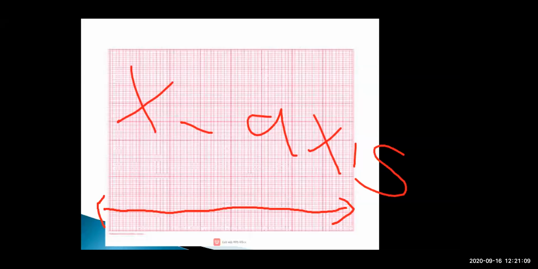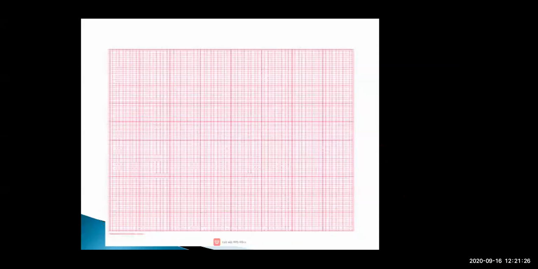So in your graph book, you have to draw the x-axis and y-axis. So how are you going to draw the x-axis? This line you are not going to use. You can use the first line, this bold line you are going to use. You are going to put an arrow, and that arrow indicates that the line has stopped.